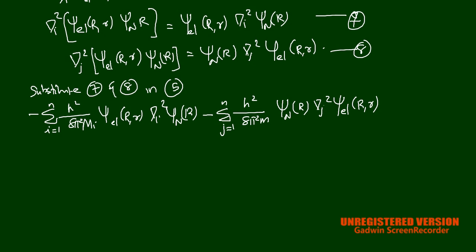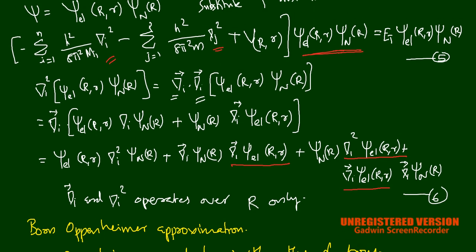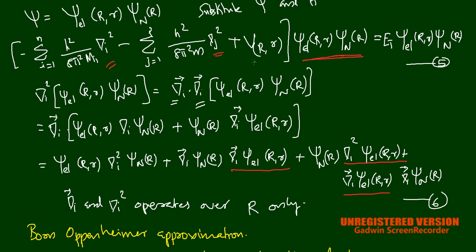Then what's remaining in the Schrodinger wave equation? These are the kinetic energy parts. Then what's remaining is the potential energy part, that is V(r,R), the potential energy, times psi electronic(r,R) psi N(R). That also we have to write.